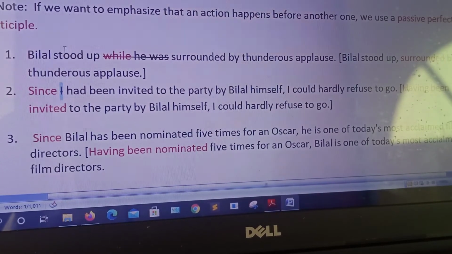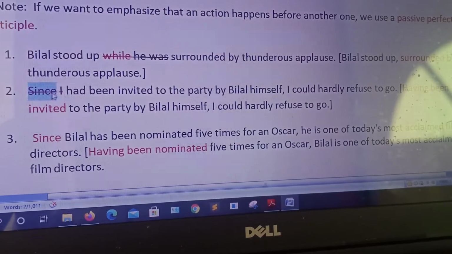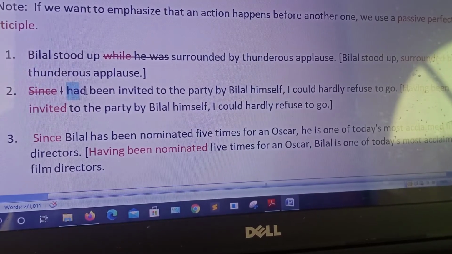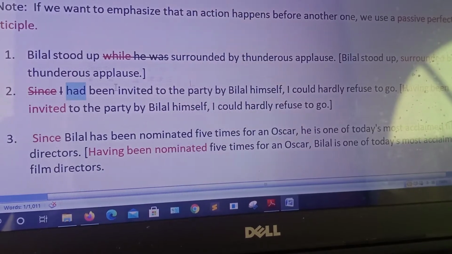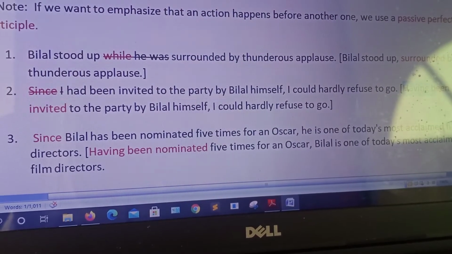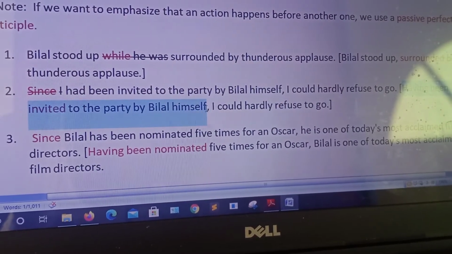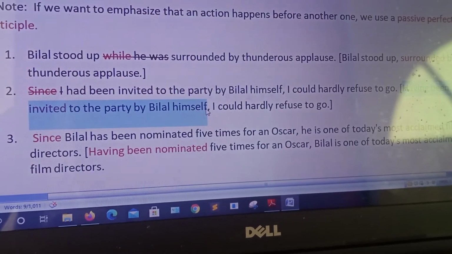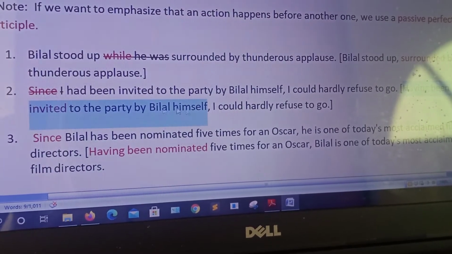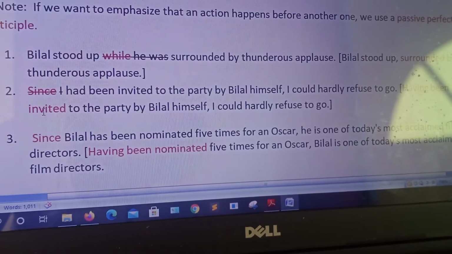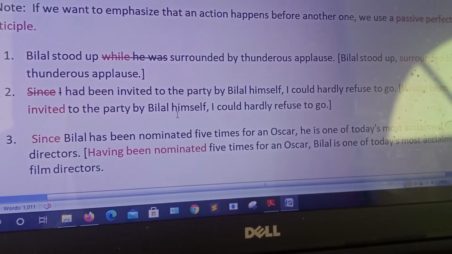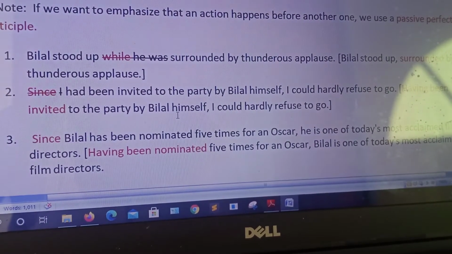Since is the connector of the adverb clause of cause, so we need to remove it as well. So we need to convert had into having. So, having been invited to the party by Bilal himself, I could hardly refuse to go. So having been plus verb third form is the passive perfect participle.